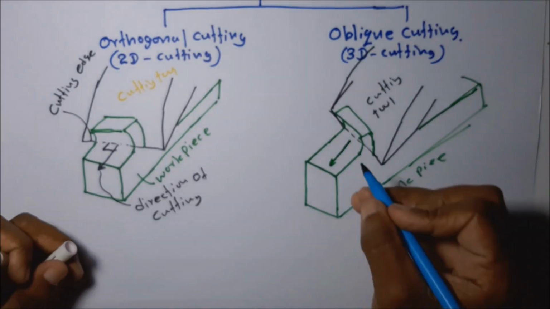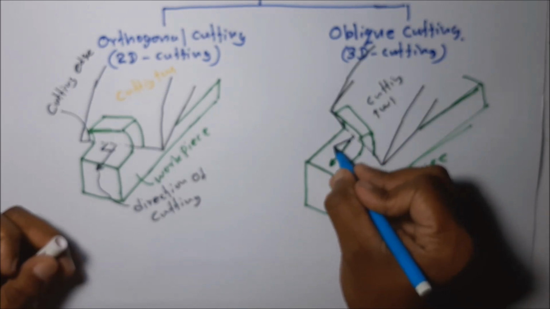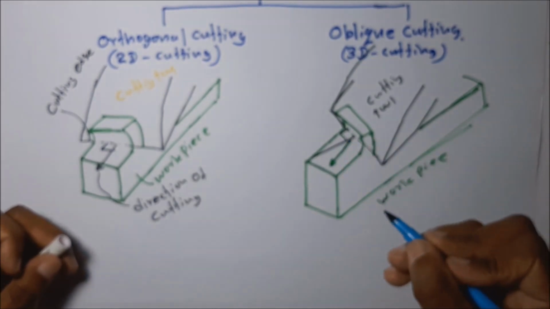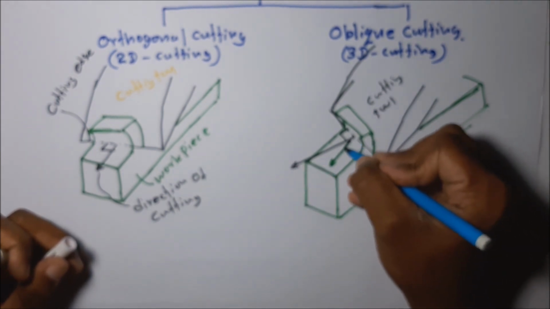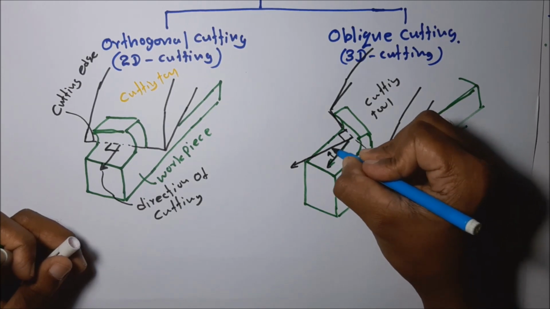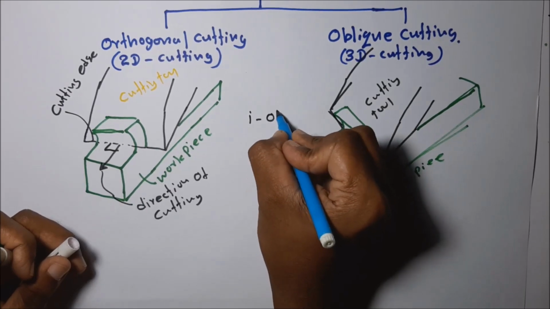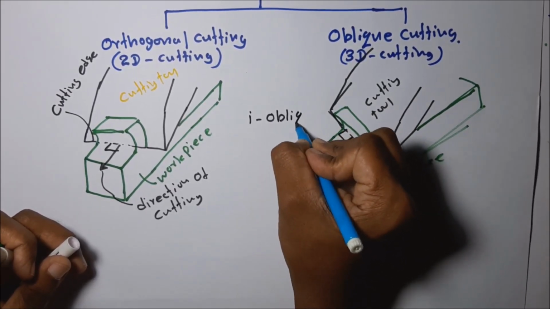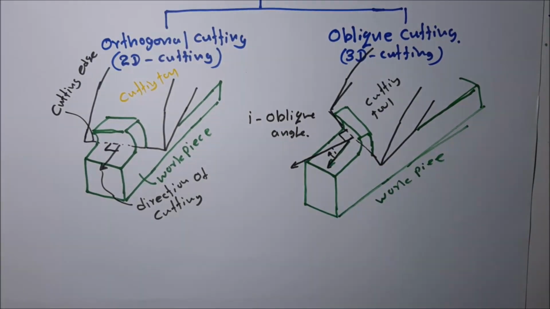You can see this cutting edge at an angle to the direction. If we draw the perpendicular to the cutting edge and the direction of cutting, you can see there's an inclined angle. This is called the oblique angle.